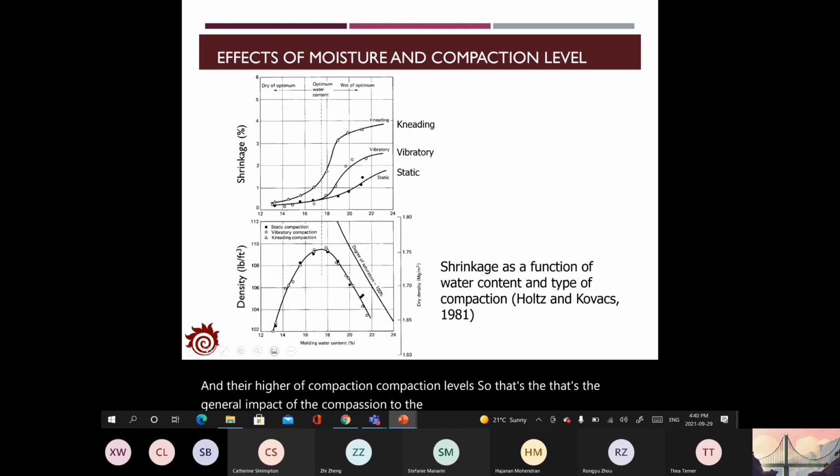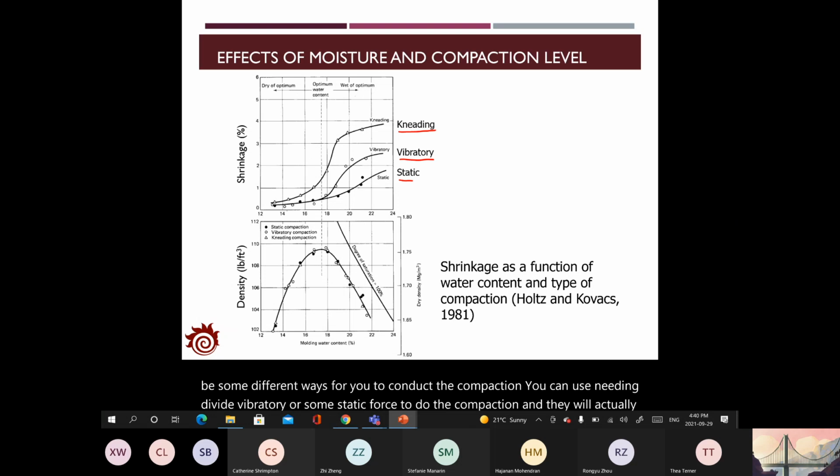aggregate samples. And there are also different ways for you to conduct the compaction. You can use kneading, vibratory, or some static force to do the compaction, and they will have different effects on the properties of the sample.